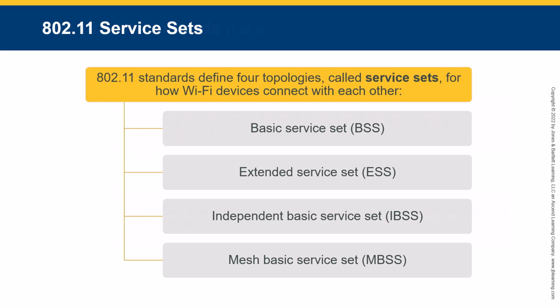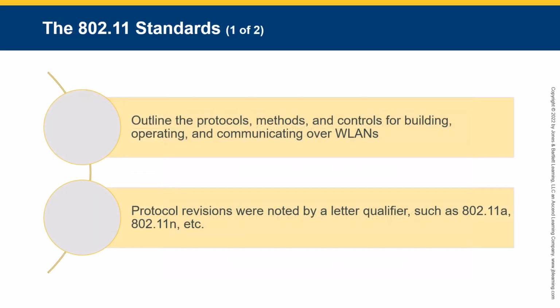So let's get more into our standards. Our basic 802.11 standards are more for our main wireless data networks. They outline the guidelines, the protocols, the controls, the operations for our wireless LANs. The protocol revisions are noted by the letter after the IEEE designation.